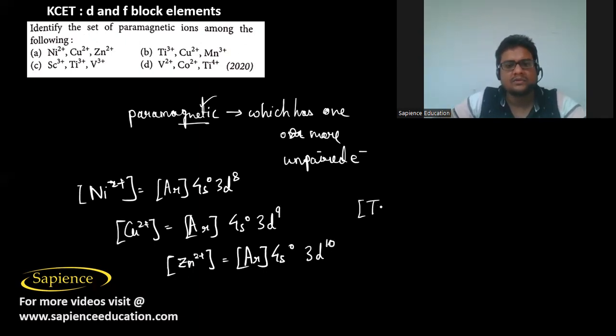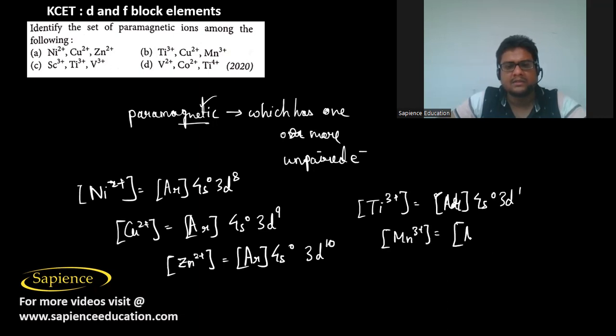and the electronic configuration of Ti3+ will be argon 4s0 3d1, and Mn3+ configuration is argon 4s0 3d4.